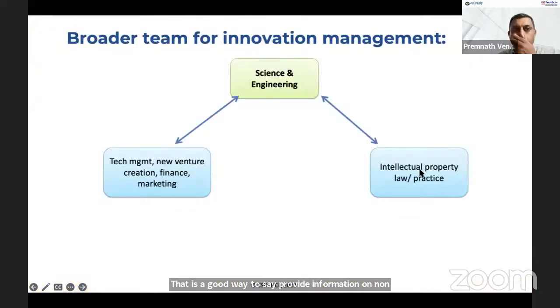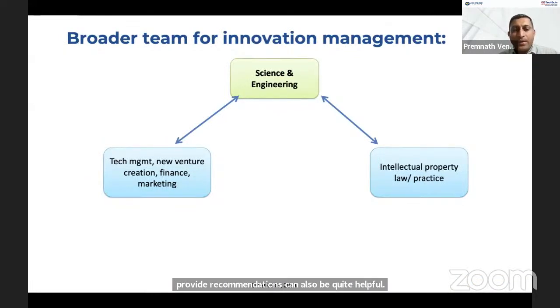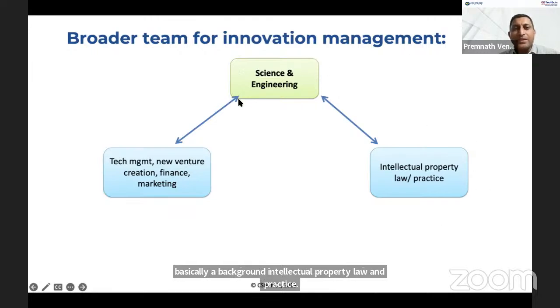Overall, as a broader team in innovation management, you need to have people who are trained in sciences and engineering, and in the IP groups, you need to have a background in intellectual property law and practice. So the right-hand side of this slide is what you need to do.